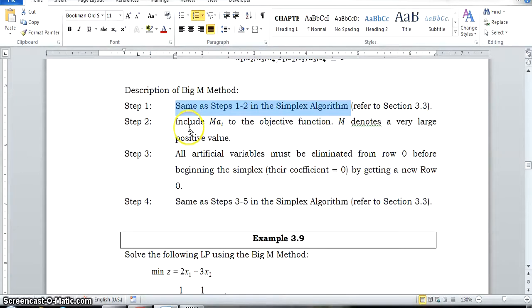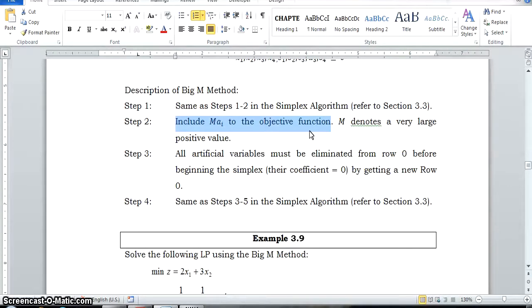Then, in step 2, we include MAi in the objective function. For a maximization problem, we add positive MAi, but if the problem is minimize Z, then we add negative MAi to the objective function.